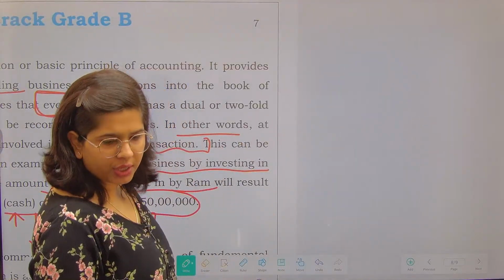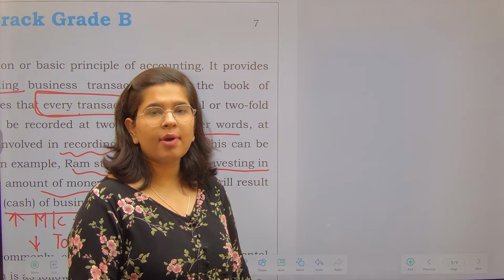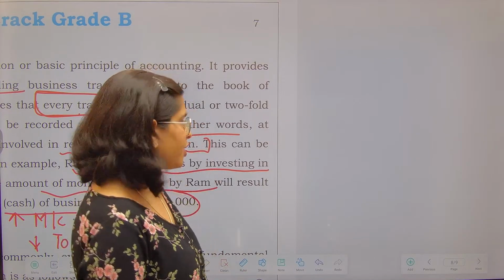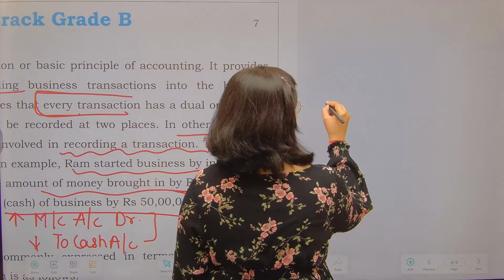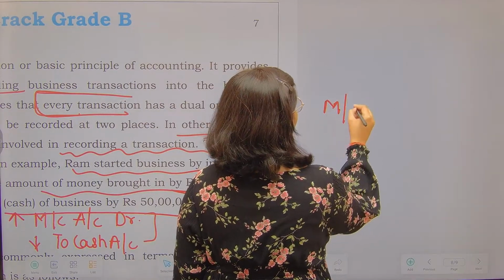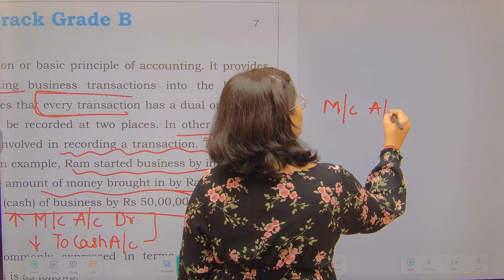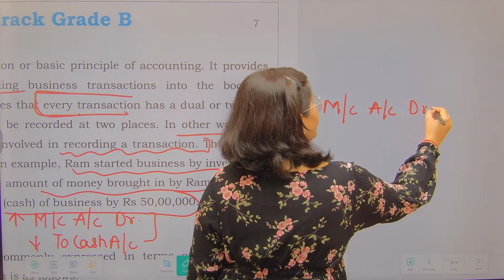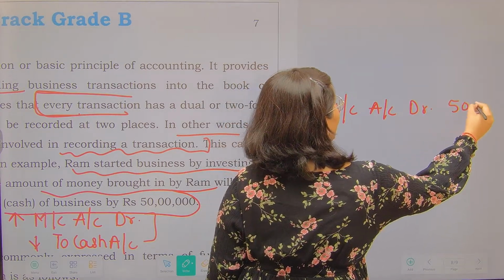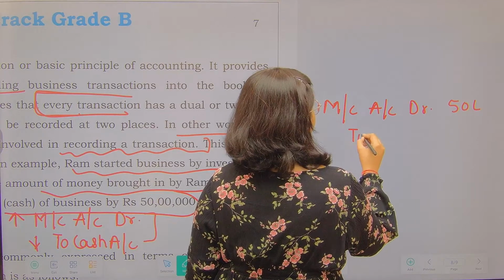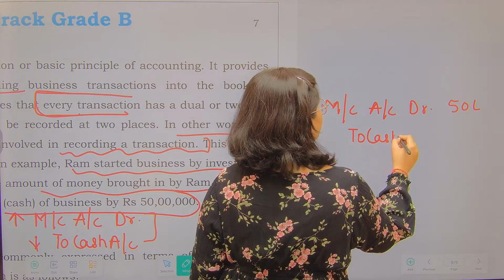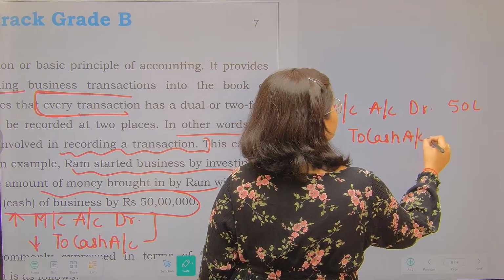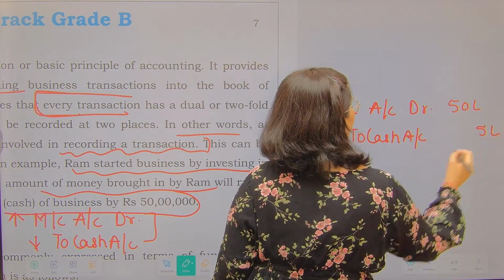I purchased a machinery. Obviously, the total amount of machinery I cannot pay in cash. So your transaction might look like this: machinery account debit, I purchased a machinery for 50 lakh rupees. I made the down payment. Fine.